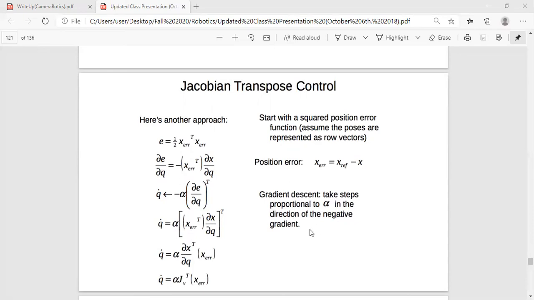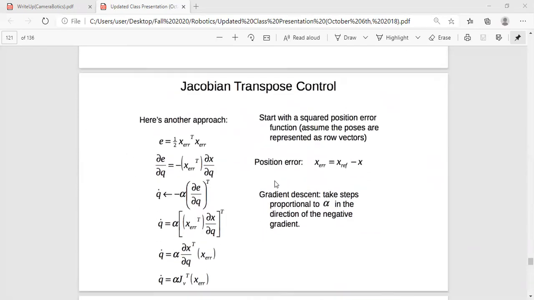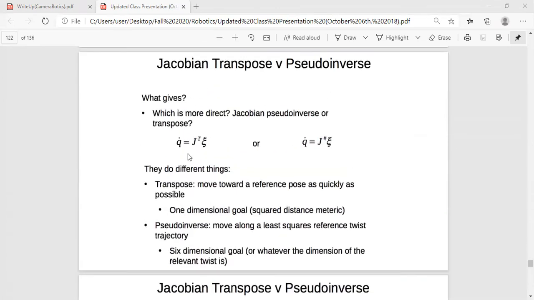So I'm taking steps in the opposite direction of the error. So here, this is my q prime. You will see that you end up with this term dx over dq. What is dx over dq, or dx over d theta? The partial derivative of x with respect to theta is actually the Jacobian. So you'll see that this term ends up being equal. So you don't need to know this derivation, but you need to know this.